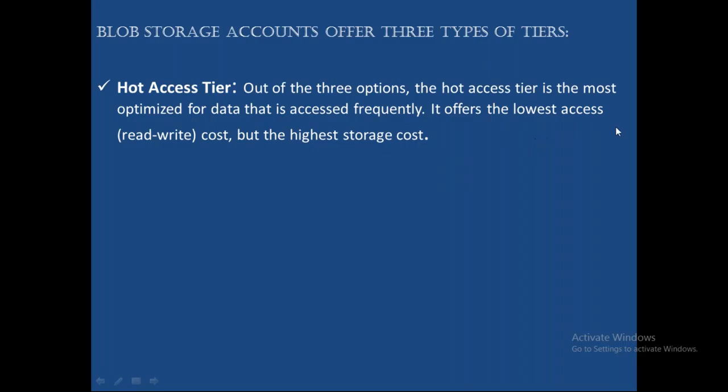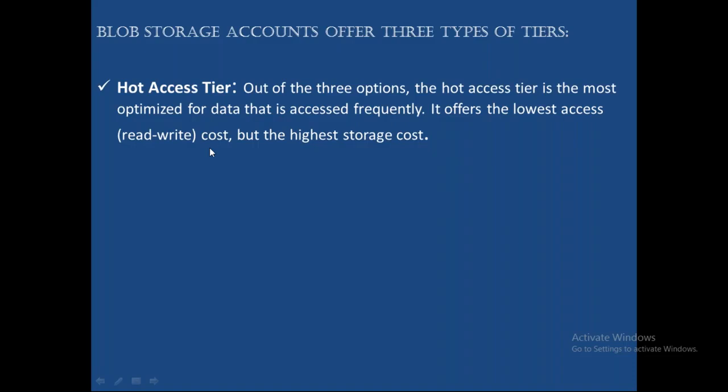It offers the lowest access cost, so accessing data will be cheap, but you need to pay more for storing the data. There are only a few differences across all the tiers: why you would use a particular tier, and in which case the price is high and in which case it is low.